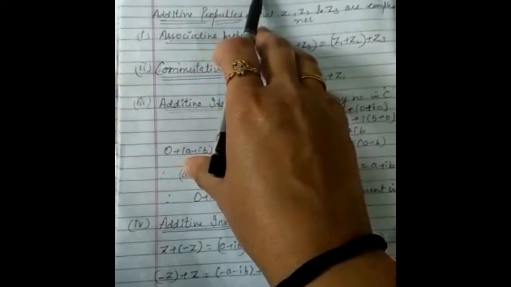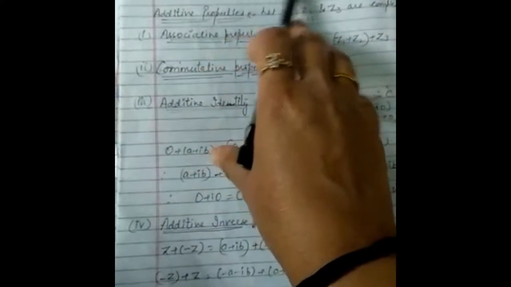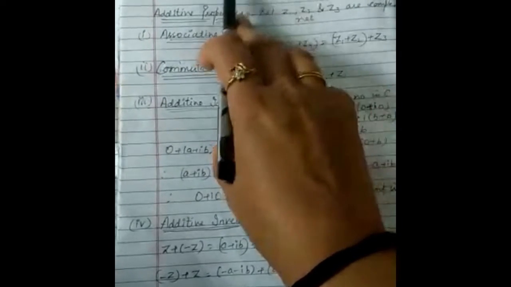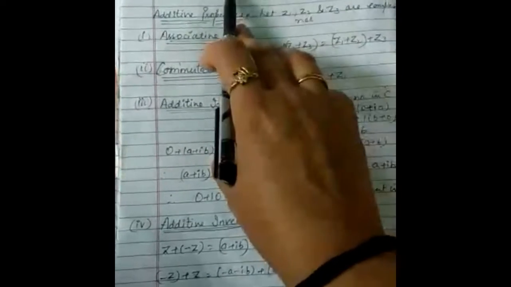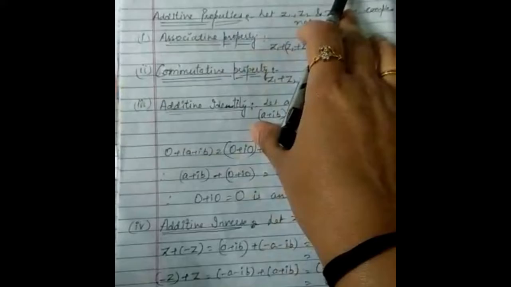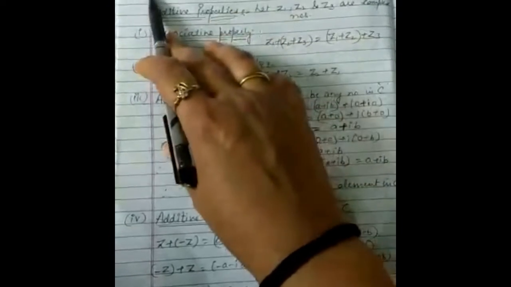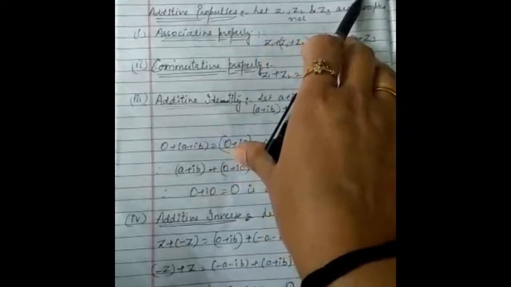So a will be simplified with c and iota b with iota d as a plus c plus iota times, because iota comes with b and d both, so I am taking it out as common, b plus d, which is the standard form of a complex number. So the result is, if we add two complex numbers, then the result is another complex number.